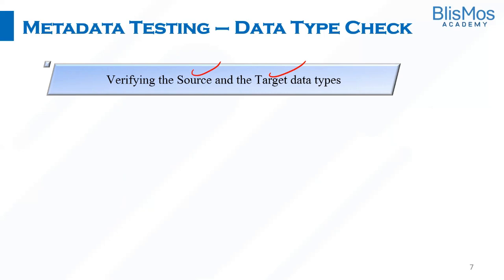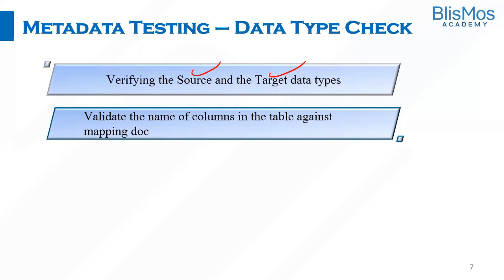So essentially, verifying the data types in the source table and the data types in the target table as per the mapping document. Sometimes the source and target data types may be the same, sometimes they are not. So our Bible here is the mapping document. As per the mapping document, we'll validate whether the data types are appropriate or not. One more important thing is the column names.